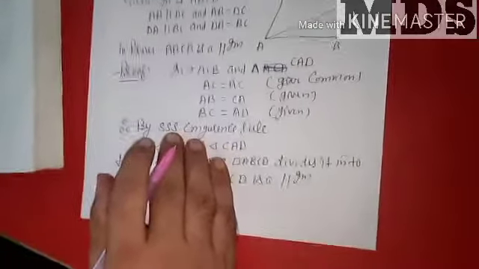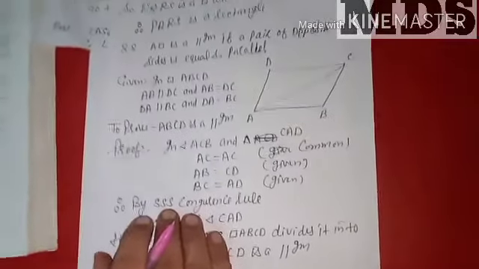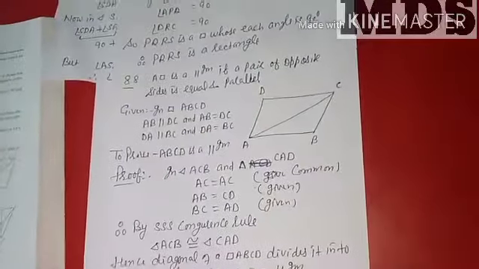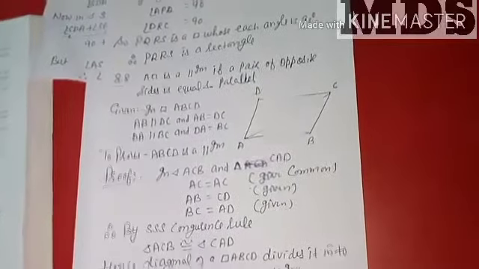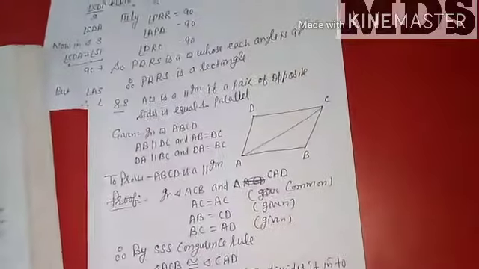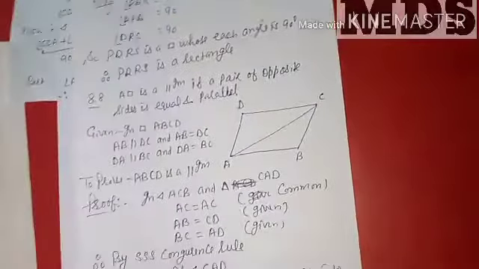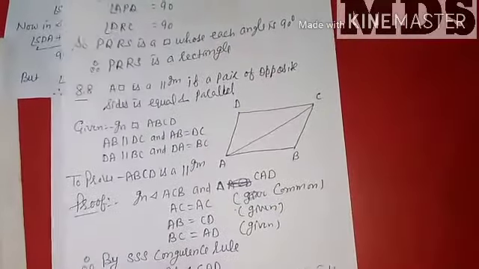If both pairs are parallel and equal, then also it is a parallelogram. One more property is given here. What is that? The diagonals of a parallelogram bisect each other. So these are the properties given through these theorems.